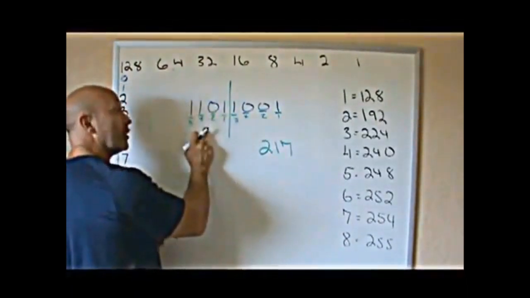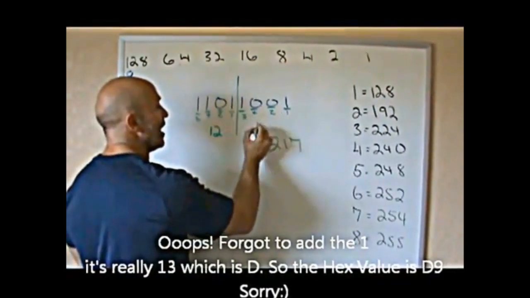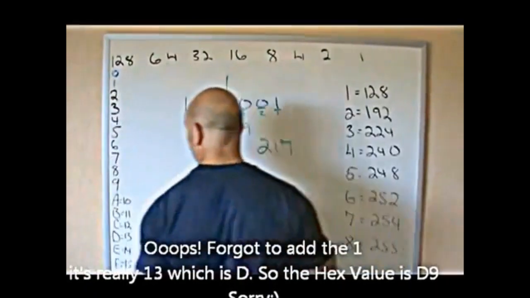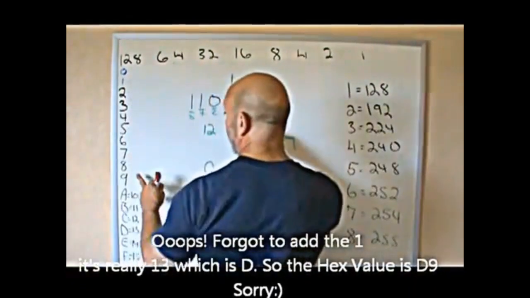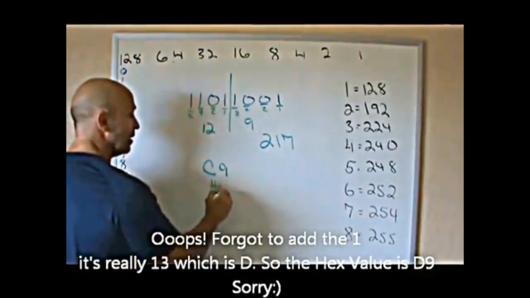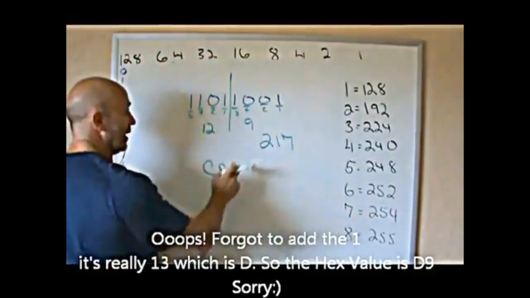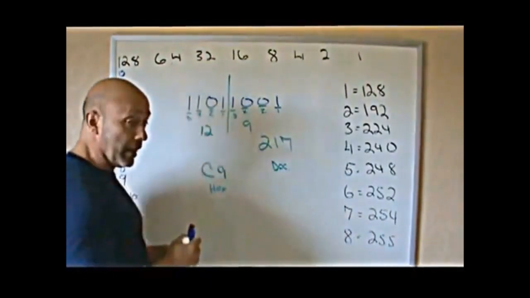These two are on. That's 12, right? 9, 10, 11, 12. This is 12. And this is 8 and 1, which is 9. So what's 12? C. So C and 9. The hex for this binary is C9 and the decimal is 217.